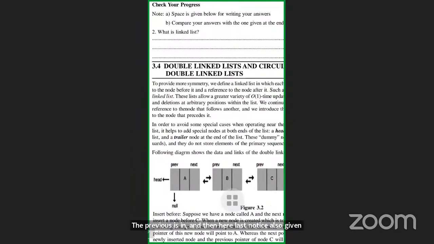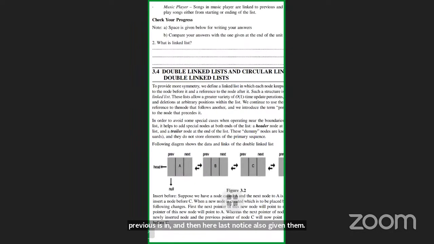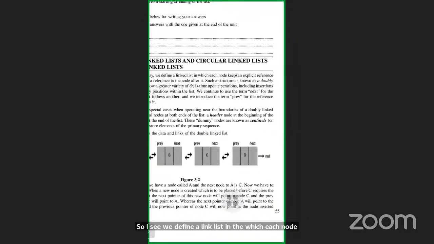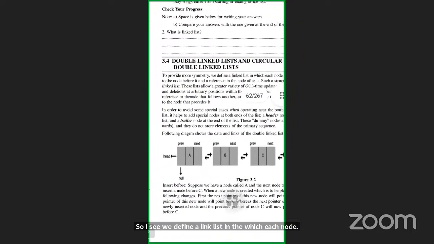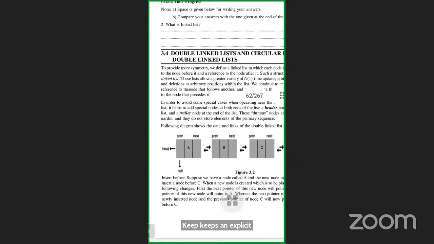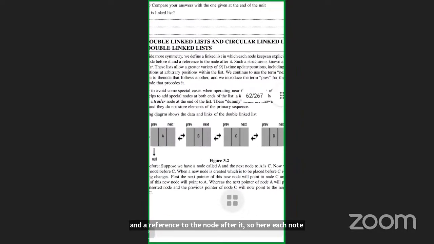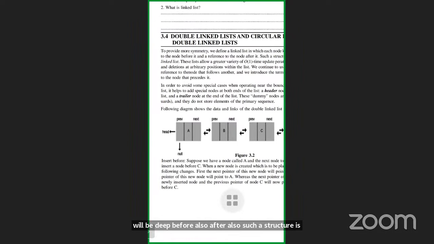So see, we define a linked list in which each node keeps an explicit reference to the node before it and a reference to the node after it. So each node keeps a reference before also and after also. Such a structure is known as a doubly linked list. If we are storing like this, that is called a doubly linked list.